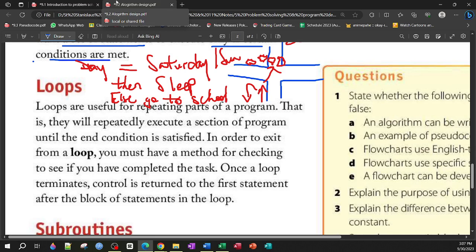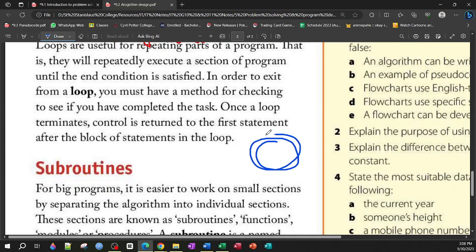It repeats. So a loop is something that repeats, something that goes round and round. Something that goes through the same path over and over. That's what a loop is. It goes round and round, repeating the same path over and over.